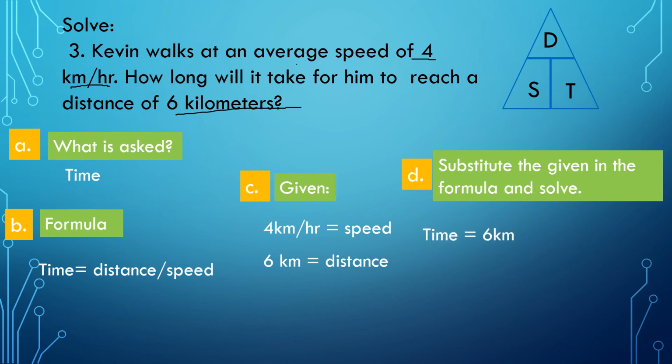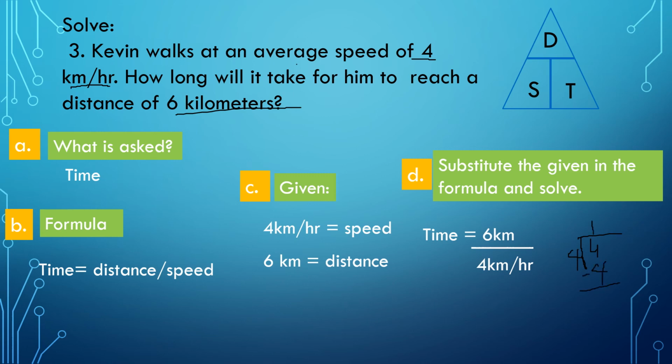We are just simply going to substitute that. Time is equal to 6 kilometers divided by 4 kilometers per hour, which is the speed. So dividing this one, 6 divided by 4, that is 1. 1 times 4 is 4.